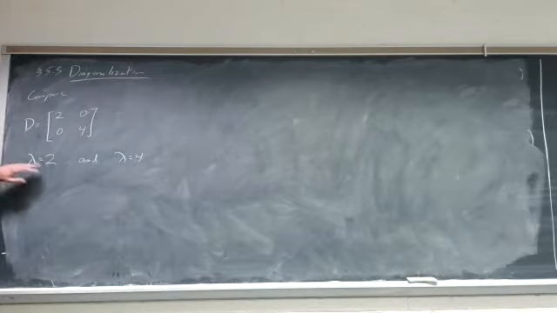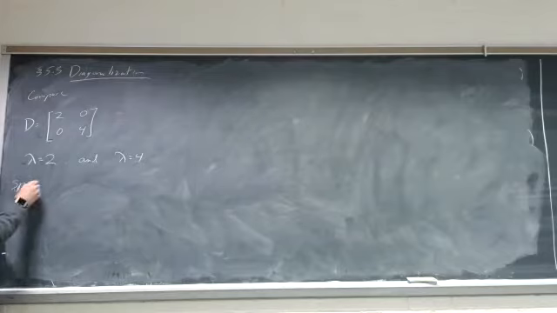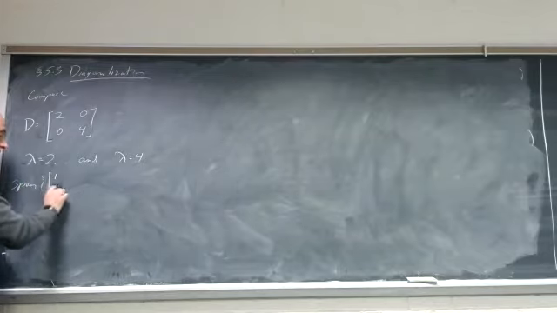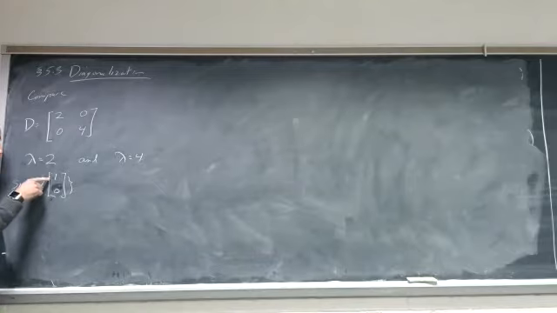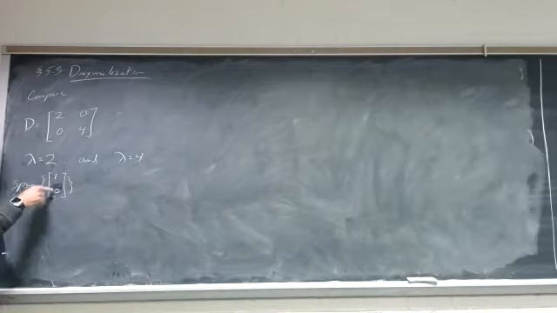The eigenspace for lambda equals 2 was the span, in other words, all multiples, of the vector 1, 0. So that has a form where a non-zero number could be up here, but the second component should be 0.